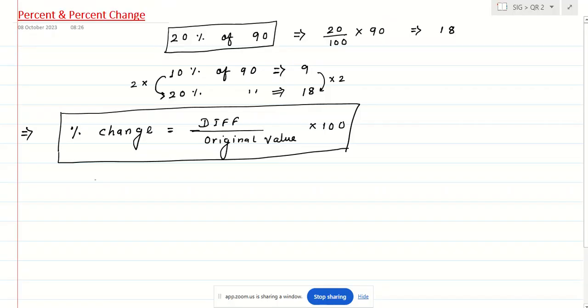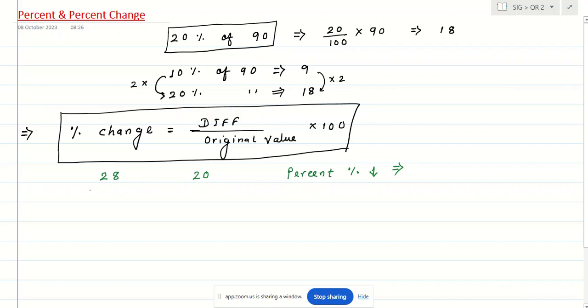Do you understand? Let's say I have a number 28. I have one more number, that is 20. If the question is to find the percentage decrement, tell me how we do it. Decrement means where to where?